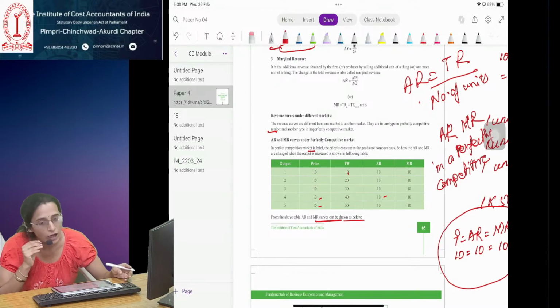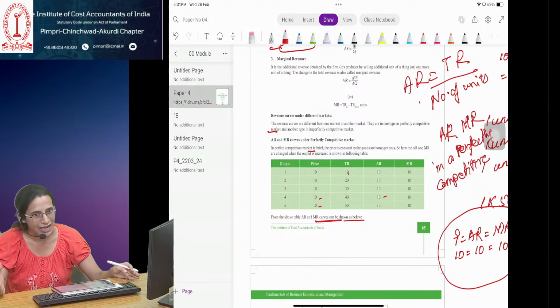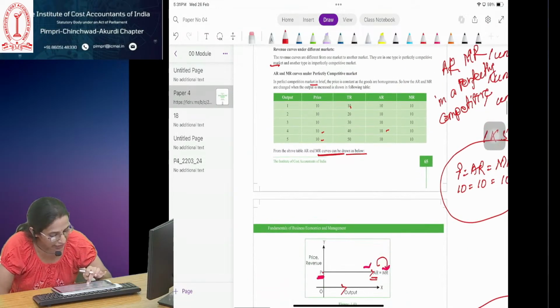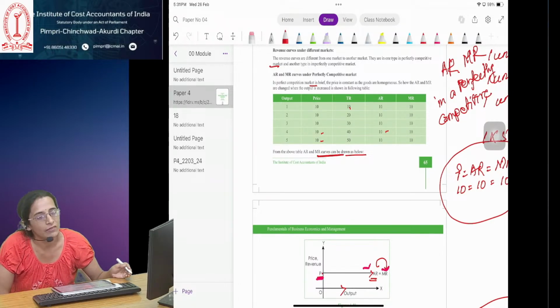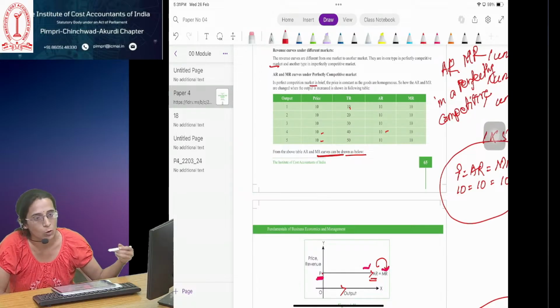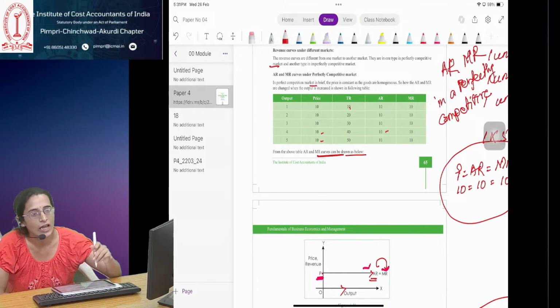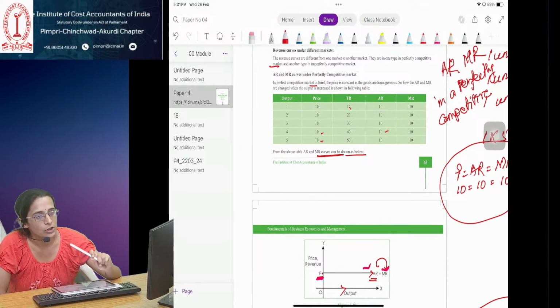Okay? So what impact will it bring on average revenue and marginal revenue in a perfectly competitive market? See here, price is constant as all goods are homogeneous. The price of a good will be more than another good when it has more features or more quality, right Piyush?